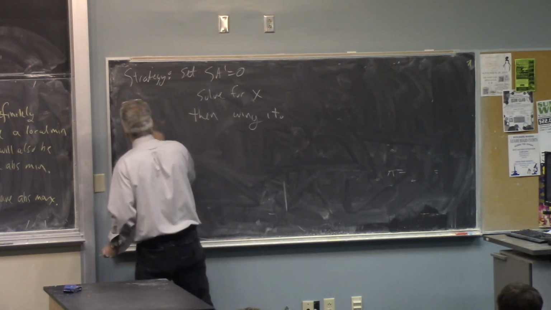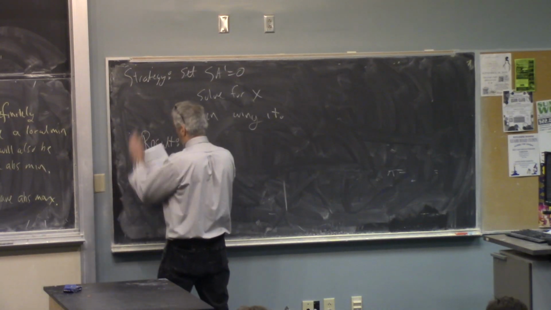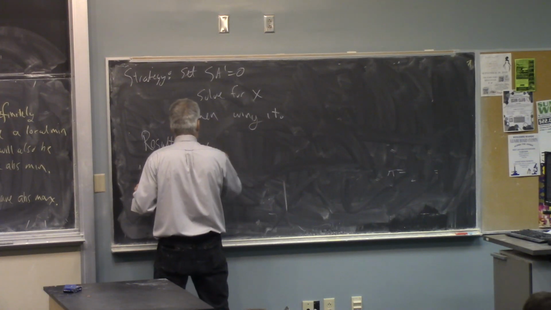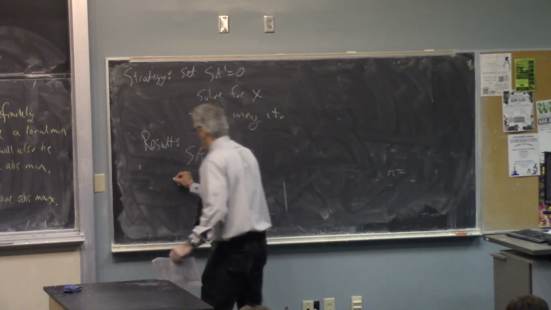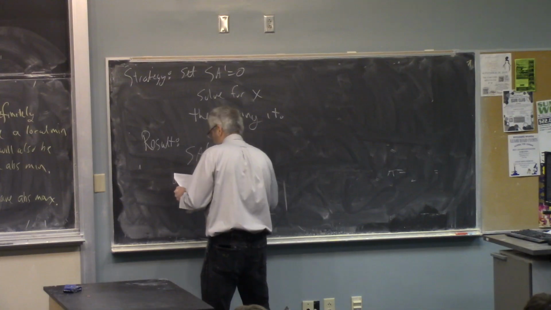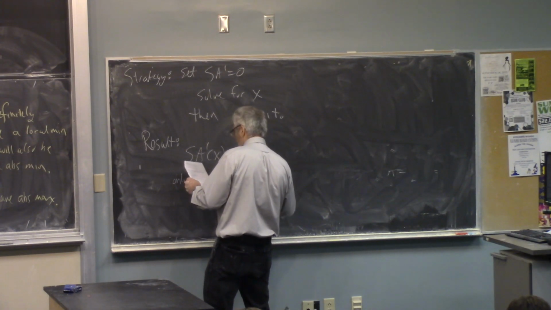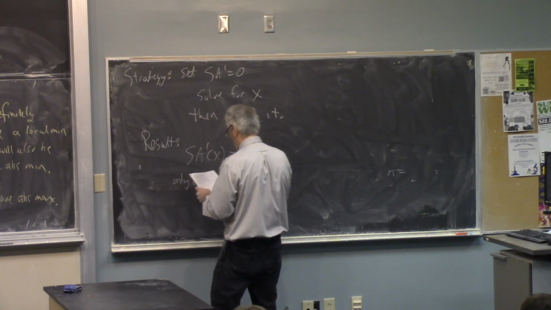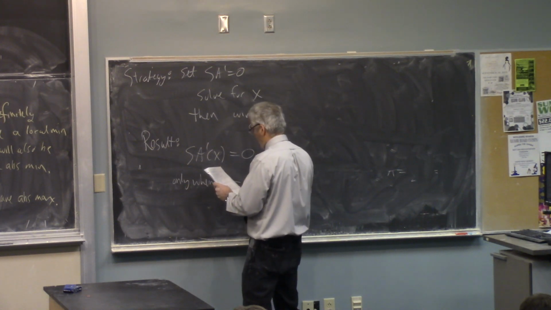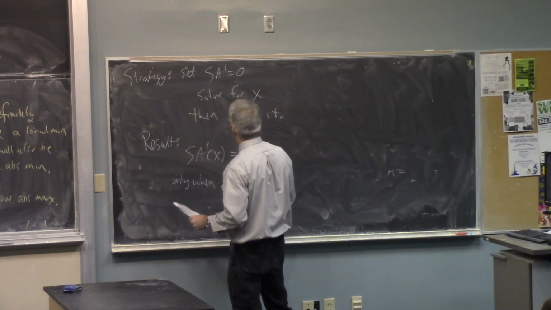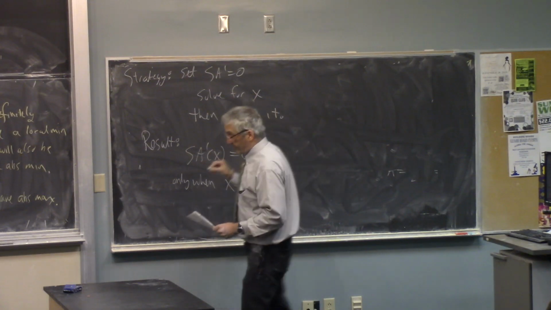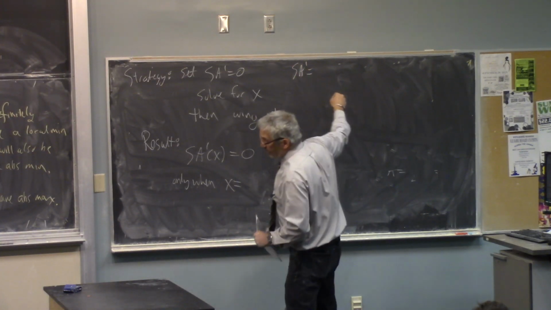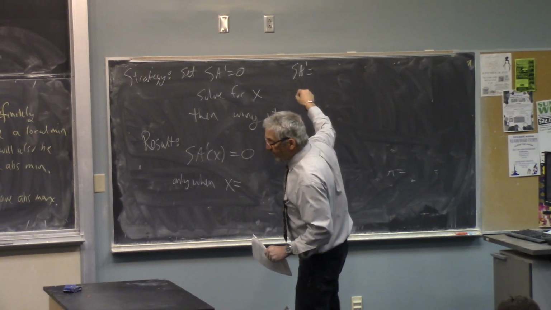Well, so the result is surface area prime equals 0 only when, let's see, SA prime is going to be 2x minus 4V over x squared.